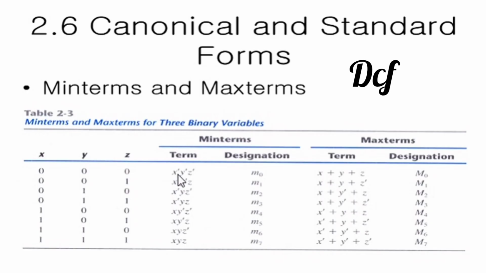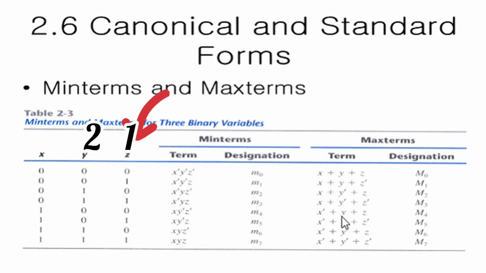So here you can see I have formed a truth table, which consists of inputs X, Y and Z. Here X is your MSB, and Z is your LSB. Always the LSB weight is 2 power 0, and anything power 0 is 1.